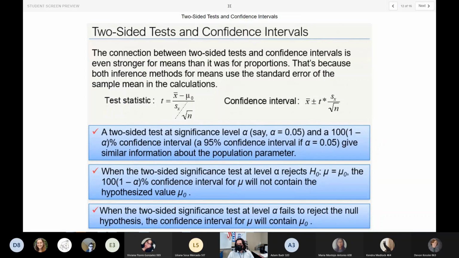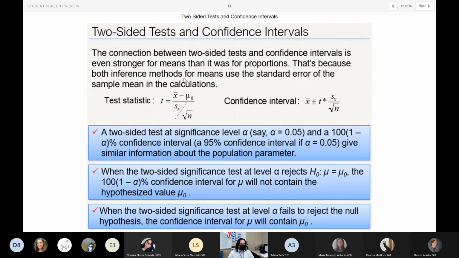All right, so here we go, where we kind of left off last week. If you remember, we did the example having to do with a two-sided test, and we're now connecting that two-sided test to the confidence intervals. Remember, 9.3 was significance tests about means. There is a strong connection between two-sided tests and confidence intervals that is far stronger than the connection between those things with proportions.